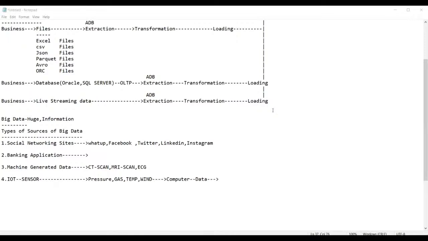What does it do exactly? It measures the wind. Those fans are nothing but sensors, connected to computers. Whatever is recorded is transferred to the computer, then kept in files, and transformed further for analysis. So this is how the process moves on.